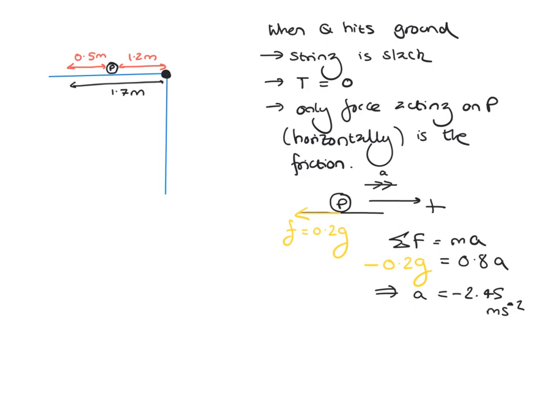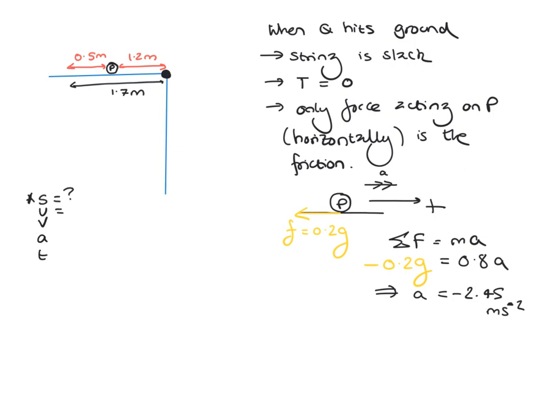So we need to know the distance moved by P. Now, the only horizontal force acting on P is the friction. It's a constant force, which means the acceleration is constant, which means we can apply our SUVAT equations. So distance travelled is what we are actually looking for.